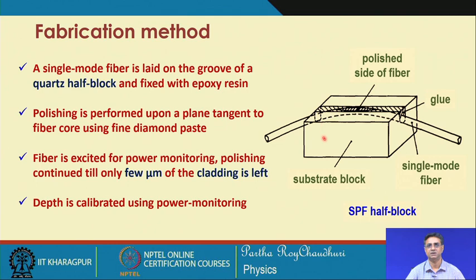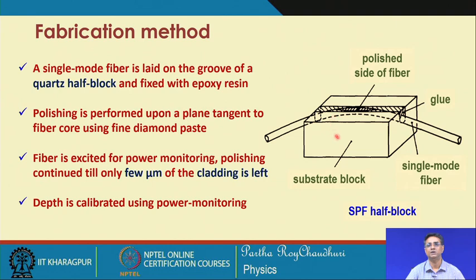In some polishing machines, you can polish the top part of the fiber so that part of the cladding is removed and you can approach very close to the core, almost 1 or 2 microns, a few microns of the cladding left. The depth is calibrated by using power monitoring.